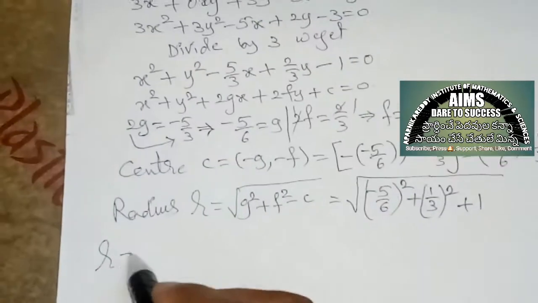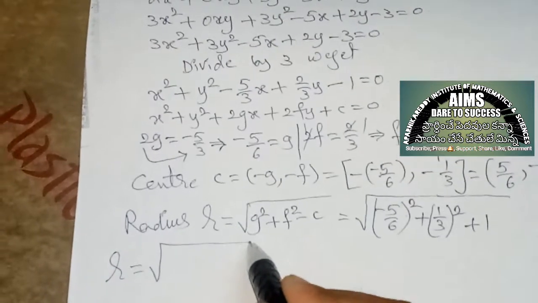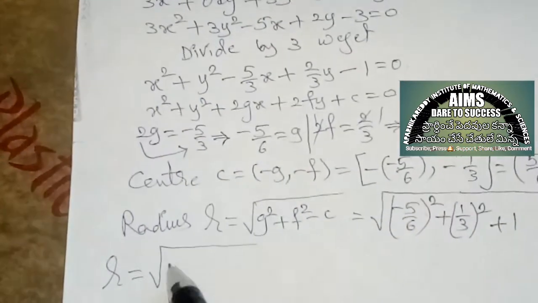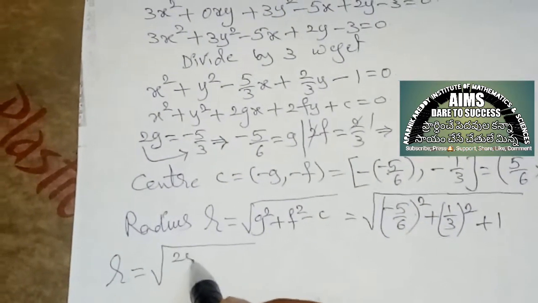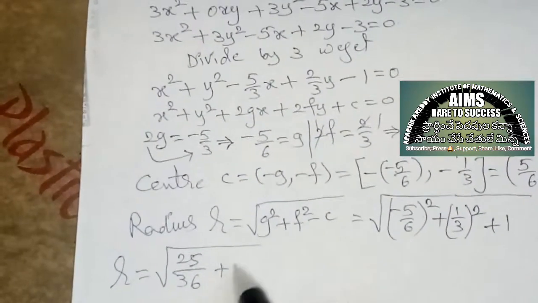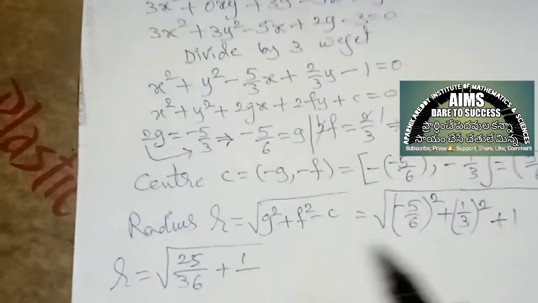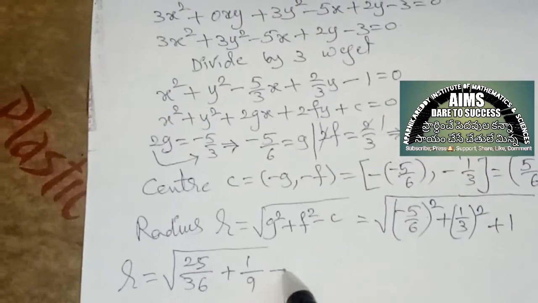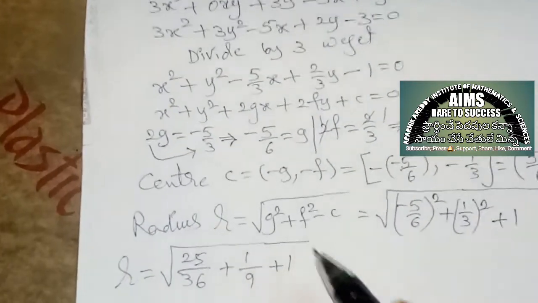So with simplification, minus whole square is plus, 5 square is 25 by 6 square is 36, plus 1 square is 1 by 3 square is 9, plus 1 is same.